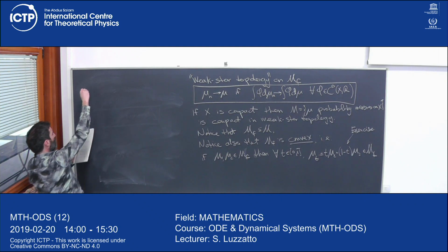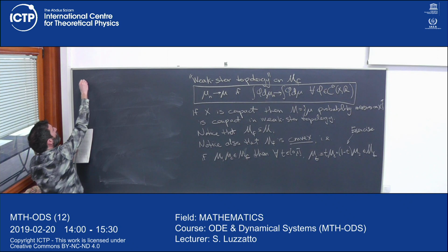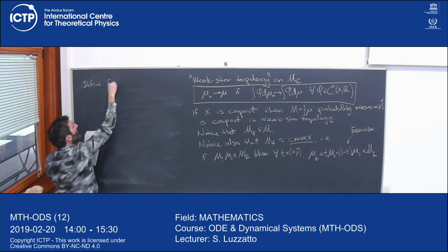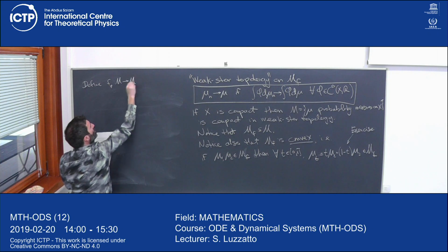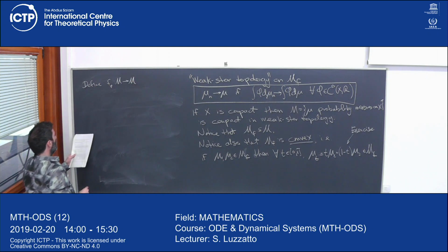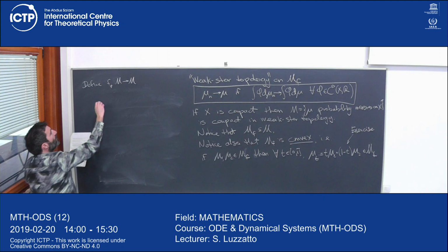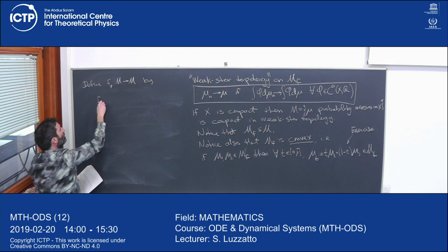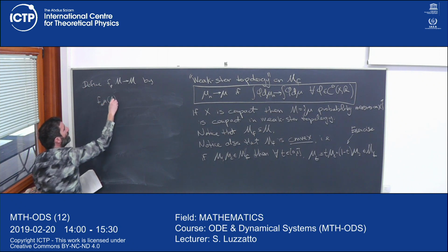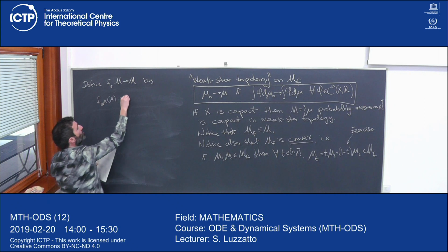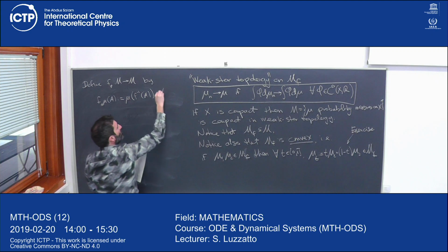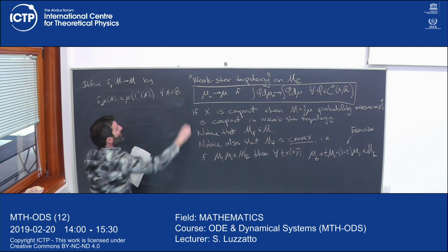We define a map, which we call F star, from the space of measures on our space X to the space of measures, defined by F star mu of A equals, by definition, mu of F inverse of A, for all A in the Borel sigma algebra.